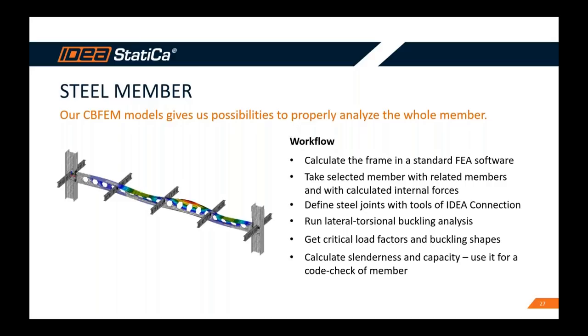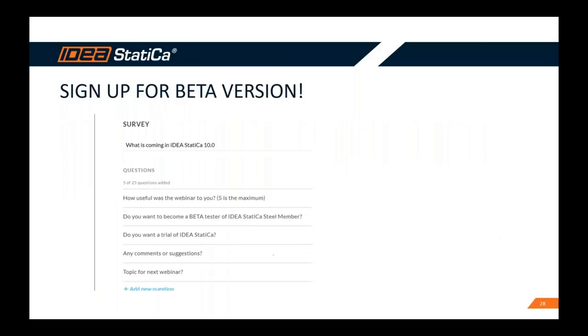We spent some time on this, and this beta version is the first version of the application. It's not public. If you want to test it, if you want to become a beta tester, there's a survey after this webinar, and you can indicate that you want to become a beta tester of IDEA StatiCa Steel Member. If you do so, we're going to send you instructions on how to do that.